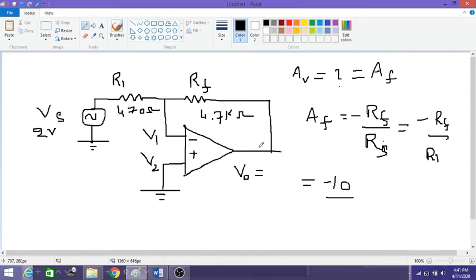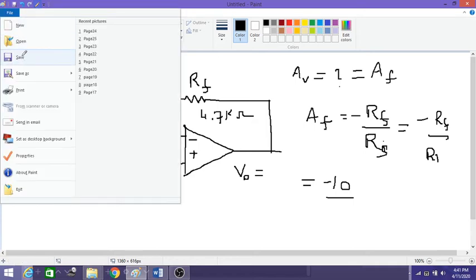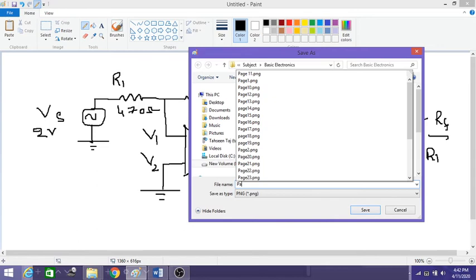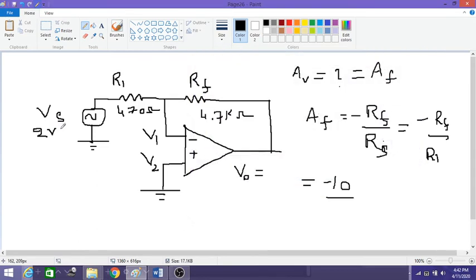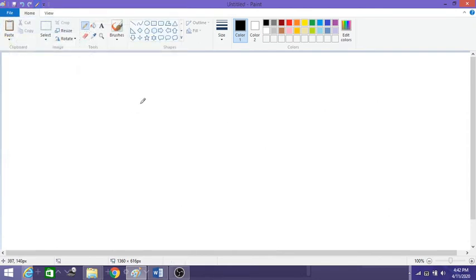I'll go for one more example here. Let me save this page as 26, then new page. Let us take an example here. Whenever it is asked to write an inverting amplifier circuit, in the examination the circuit may not always be given, so you have to understand.